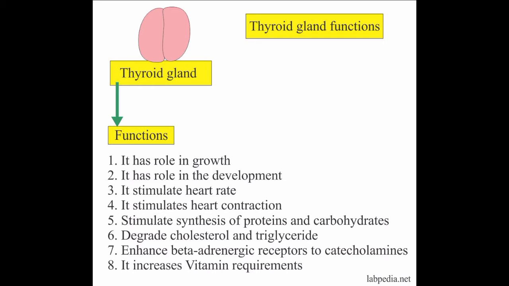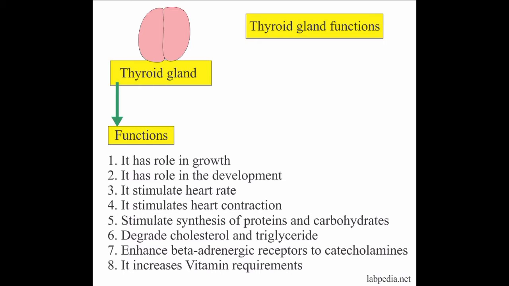It has a role in growth and development also. It stimulates the heart rate and stimulates synthesis of protein and carbohydrate, as I told you, degrades cholesterol, and increases vitamin requirements. So that is the function of the thyroxine hormone.